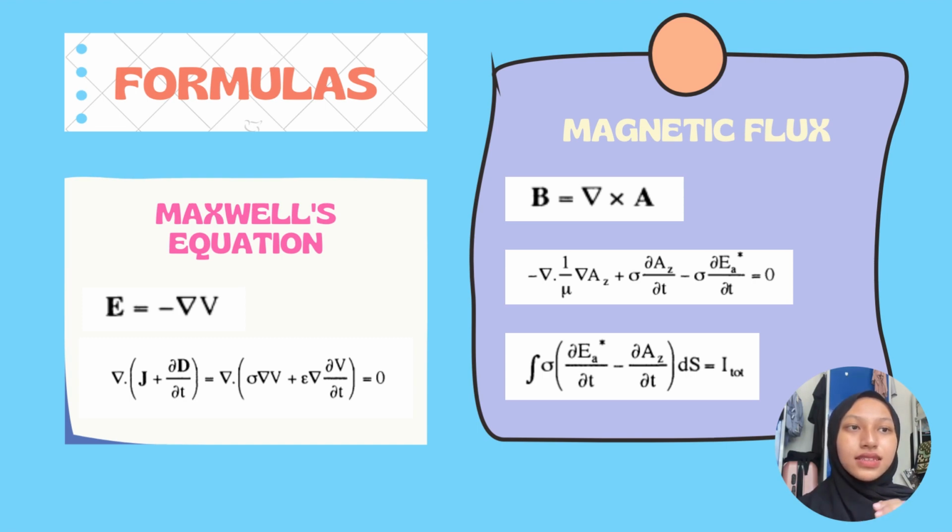EA is the time integral of the applied electric field, and then the ITOT is the total current.